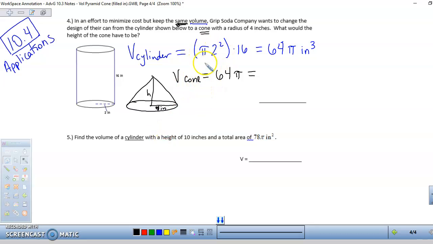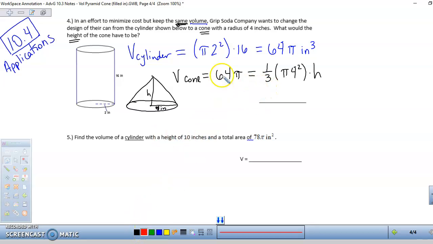Well, it's very similar to the volume of a cylinder, except you need to have your 1/3 on it. So 1/3 the base area, and then times that perpendicular height. All right, so now I have something to work with where I can figure out that height, which is what I want, right? I'm looking for the height of the cone.